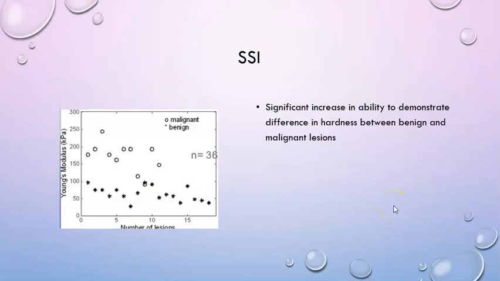So this is just showing you the analysis that was done determining the difference between benign and hard lesions, and out of a set of 36 lesions that they looked at, only one was indeterminate or misdetermined. Almost all of the benign lesions were softer than the hard lesions. So that's pretty good numbers.